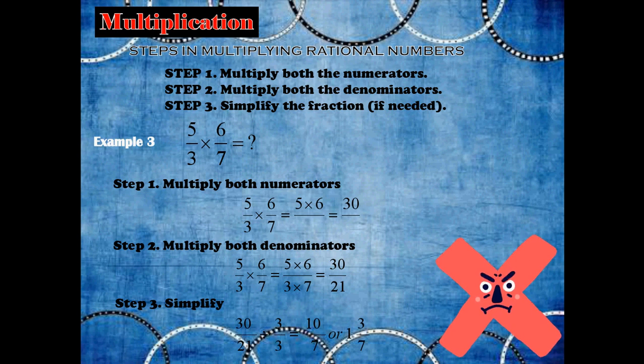So we divide both by 3. 30 divided by 3 is equal to 10, and 21 divided by 3 is equal to 7. And it becomes 10 over 7, or 1 and 3 over 7.